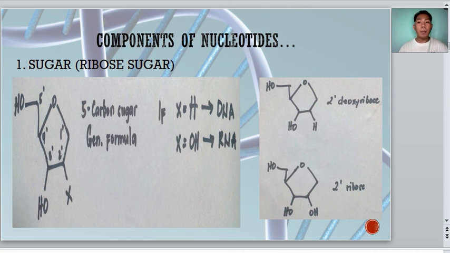By substituting H or OH in this X. If X is H, therefore this is DNA, that means a deoxyribose sugar. But if X is OH, or the hydroxyl group is attached to carbon number 2 or 2 prime carbon of the ribose sugar, this is said to be RNA or ribose.